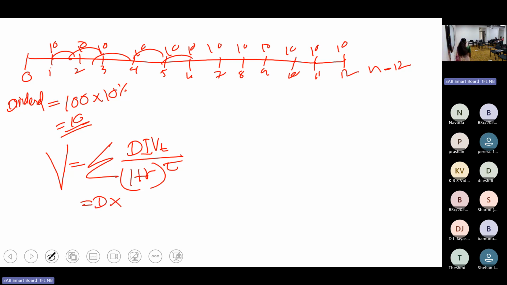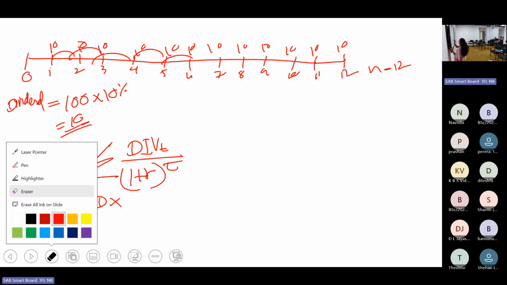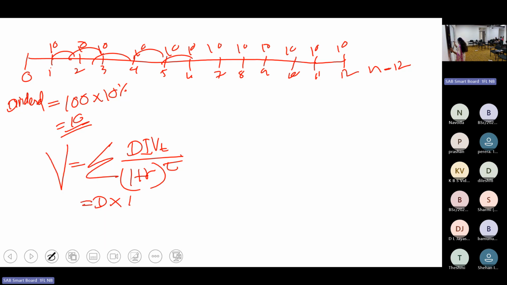How can you calculate the annuity factor? I'll guide you again: 1 minus 1 divided by 1 plus R to the power N, divided by the required rate of return. This is the annuity factor.